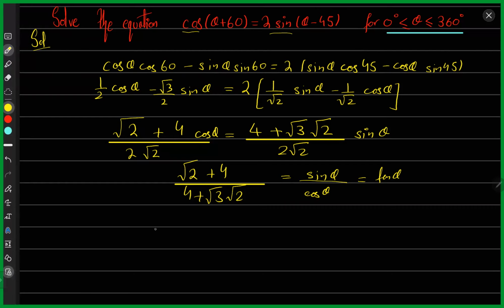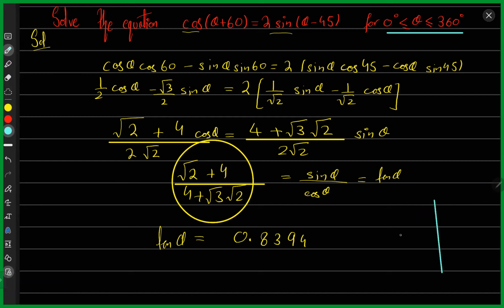And finally, I can write it as tan of theta is equal to this thing, which is basically 0.8394. Now we need to find the value of theta. So let's get started. Let's make the quadrants for this.